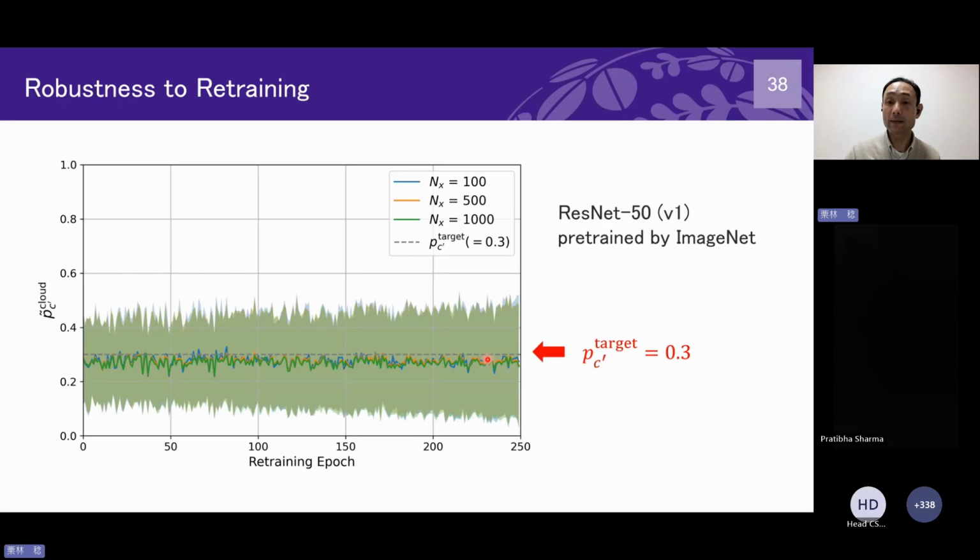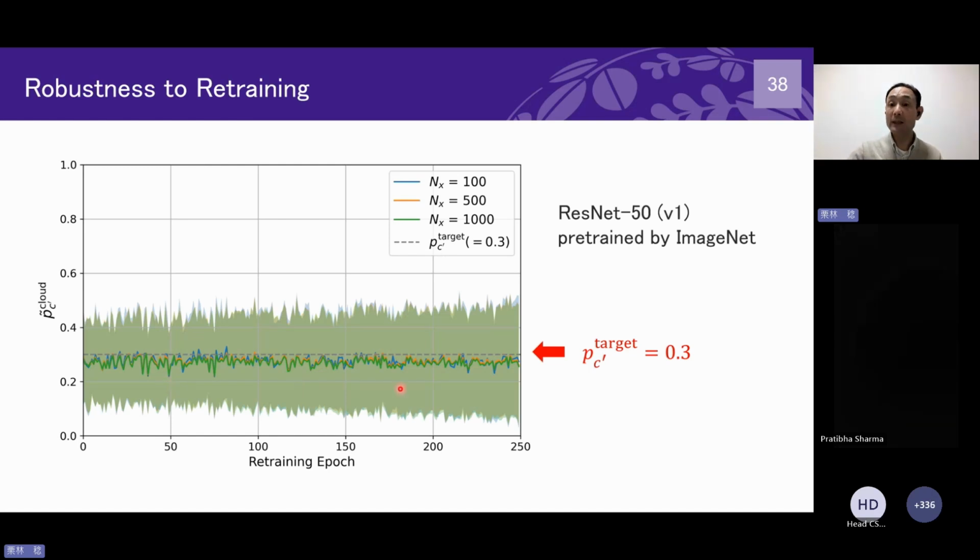In this case, the target class probability is set to 0.3, and by retraining, it fluctuates a little bit. As the retraining epochs increase, the fluctuation amplitude becomes larger.